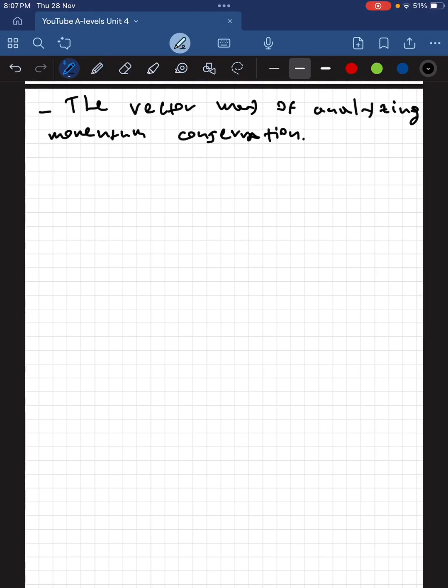So what I'm trying to say is that maybe momentum is 10 kilograms meters per second. So you're going to do something like this. You're going to say that this square is 1 kilogram meters per second. So for your vector, you will need 10 squares. 1, 2, 3, 4, 5, 6, 7, 8, 9, 10.